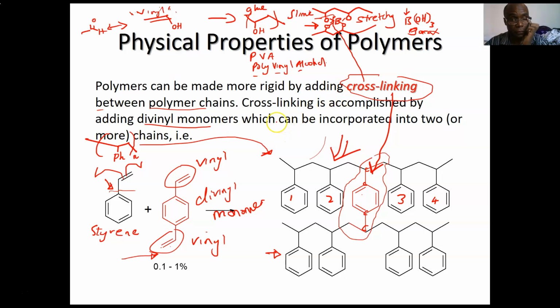So if you want your polymer to be rigid, then cross-link it with a hydrocarbon. If you want it to be stretchy, then cross-link it with boron and oxygen, as in slime formation. Okay.